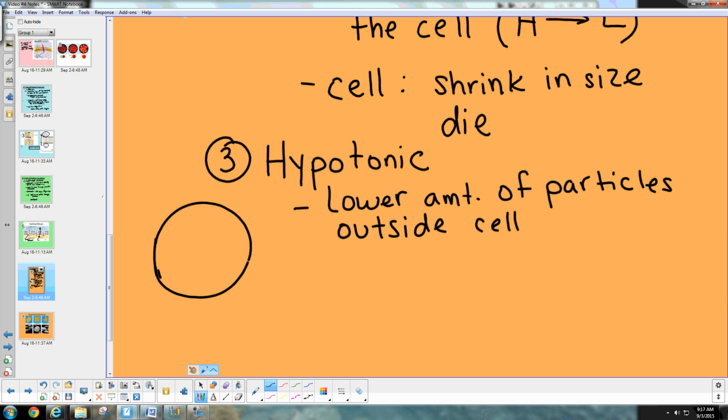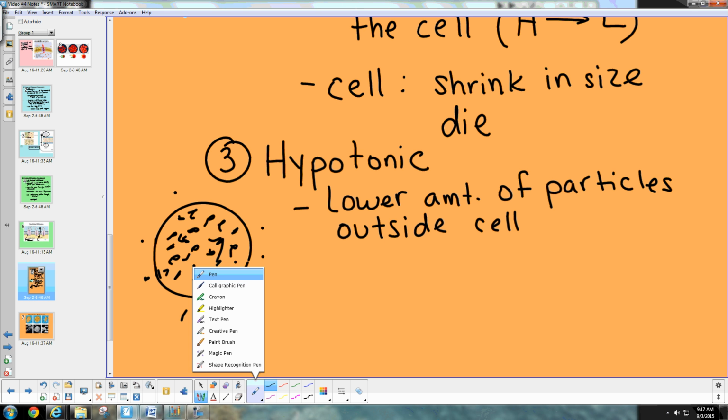All right, so here's my cell. So there's a lot of particles in here. Lots and lots and lots of them, filling up all this space. So trying to get my little particles going. But then outside the cell, there's a lower amount.